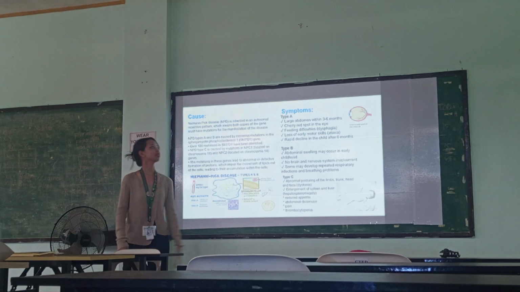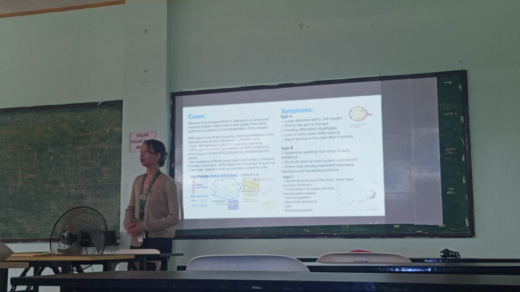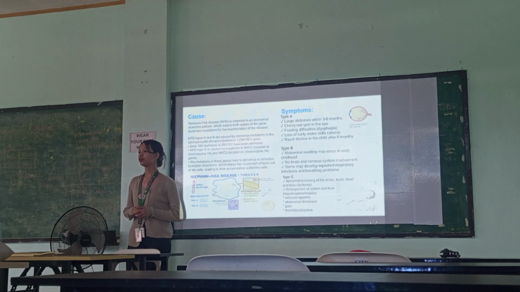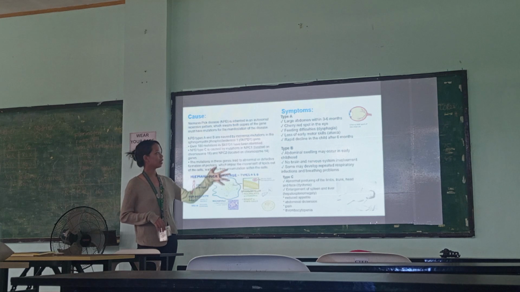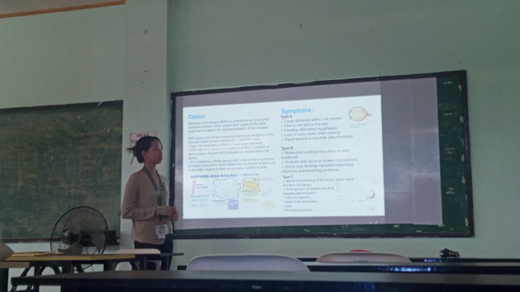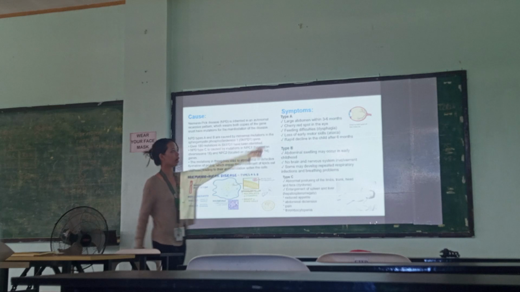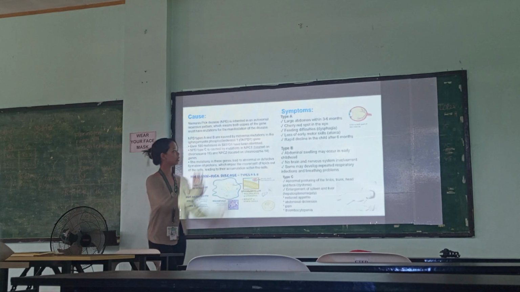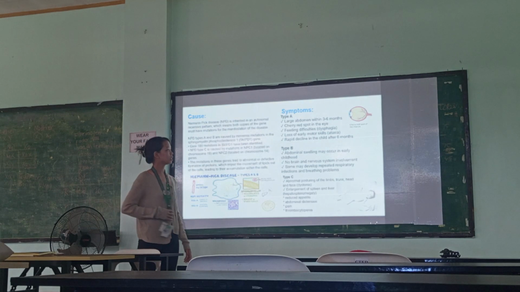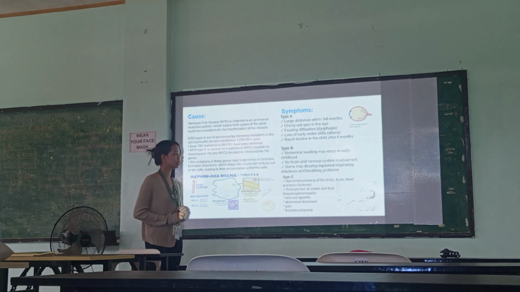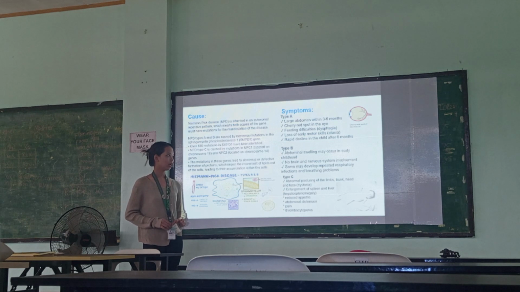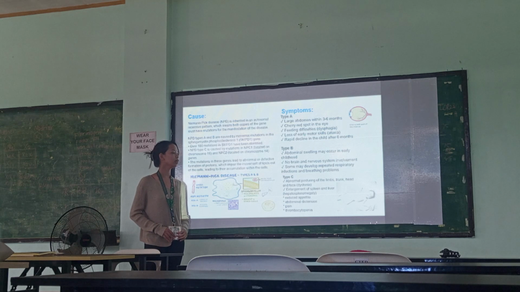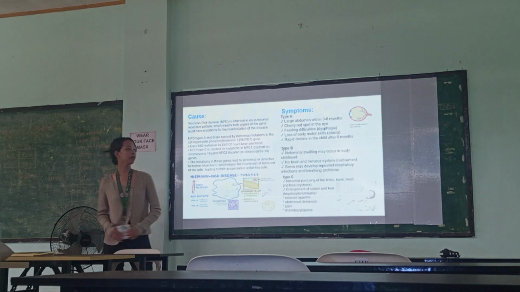So, punta na tayo sa symptoms. So, kada types na human disease, ay may iba-iba rin ang kanyang symptoms. So, sa type A, large abdomen within 3 to 6 months, cherry red spot in the eye, yung picture na makita nyo sa website. Feeding difficulties, loss of early motor skills, rapid decline in the child after 6 months. So, sa type B, abdominal swelling in early childhood, no brain and nervous system involvement.